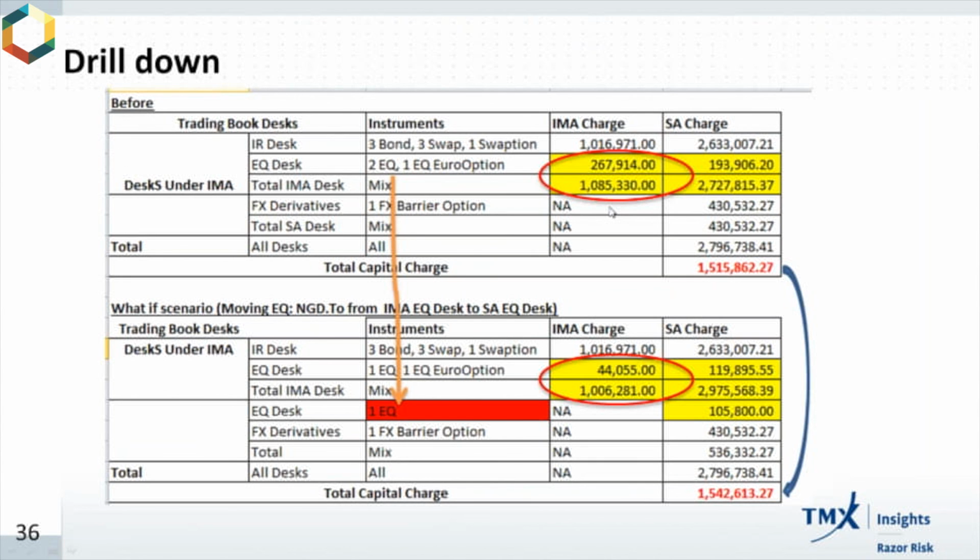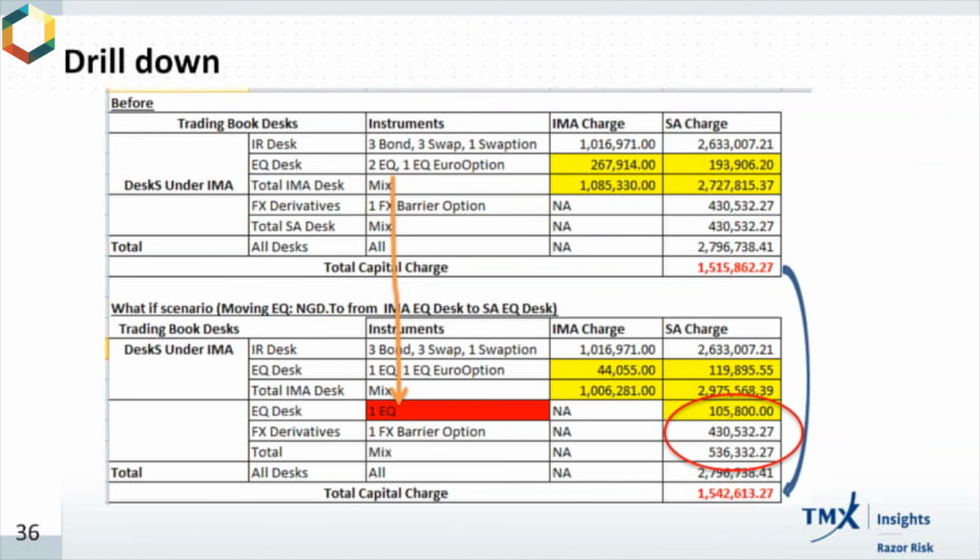As we show in the graph, after the transfer, the IMA equity desk capital charge is significantly reduced. However, at the total IMA desk level, the reduction is small because of the diversification effect.